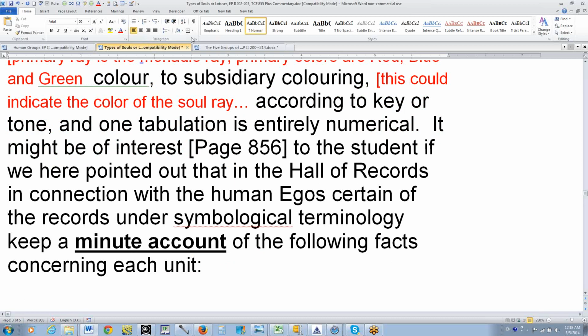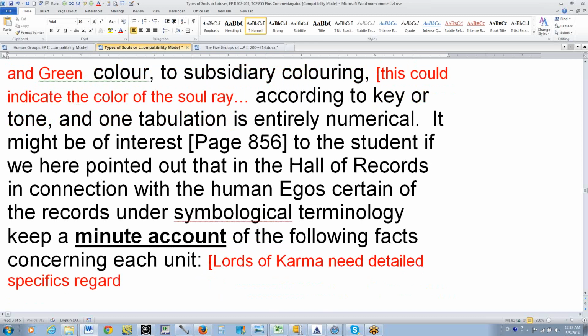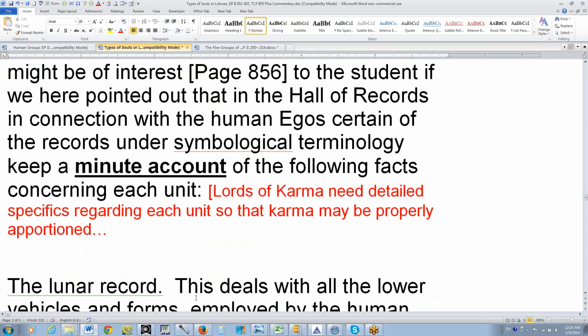So what we really come to understand here is that the lords of karma need detailed specifics regarding each unit, so that karma may be properly apportioned. So it is a very specific kind of, in a way, a third-ray department with all the details laid out.